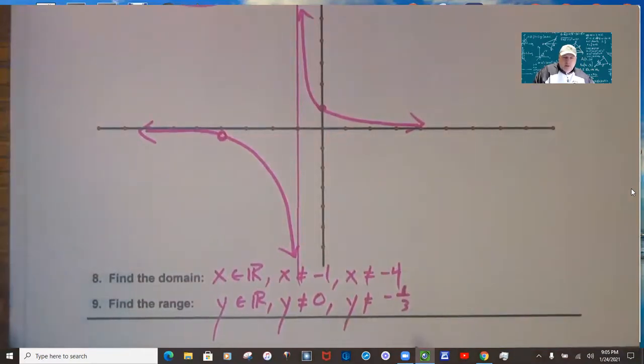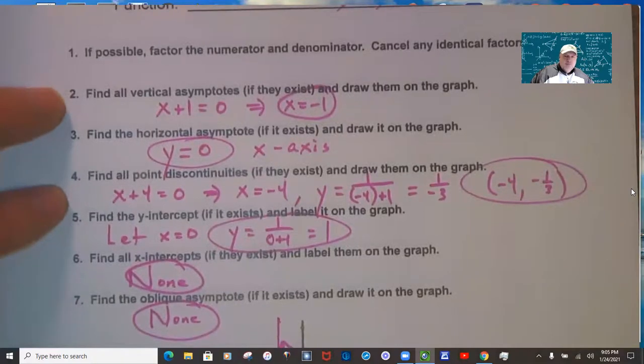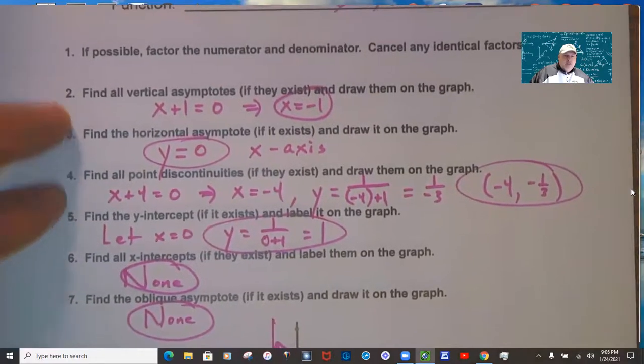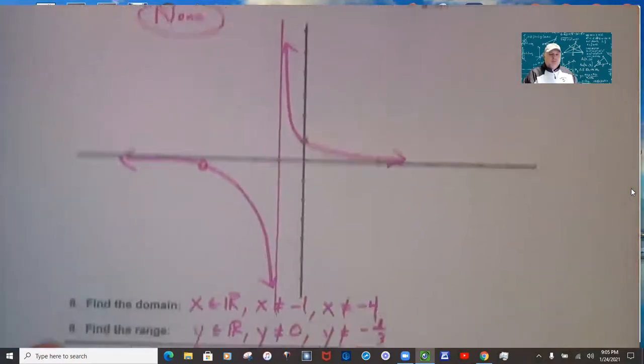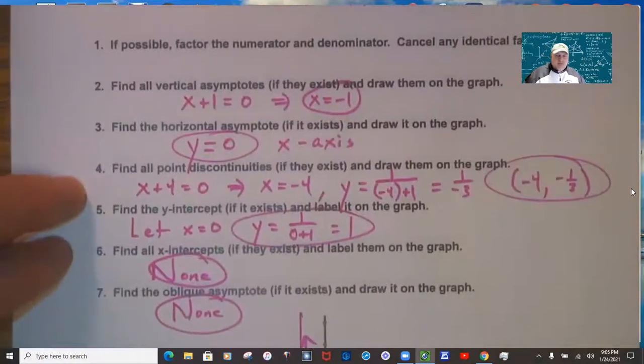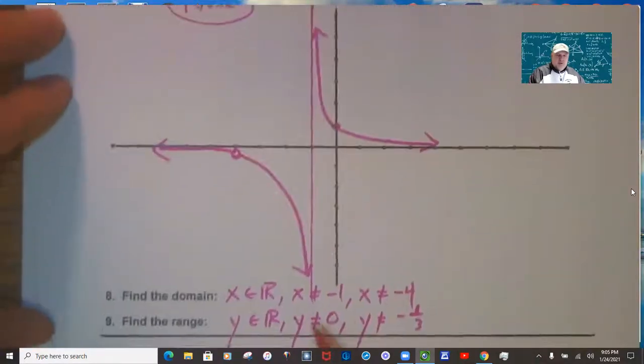So you'll have 2 points each when you have a point and a vertical asymptote. Well, I should say when 2, 3, and 4 are all there, you've got 2 each. Okay, if 4 is not there, you'll just have 1 each to exclude.